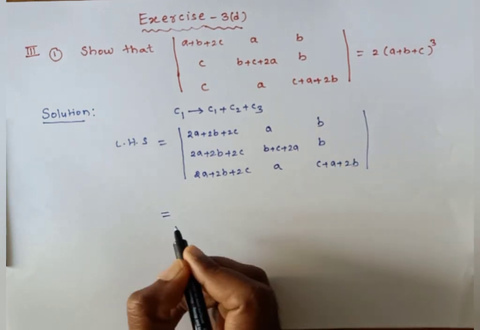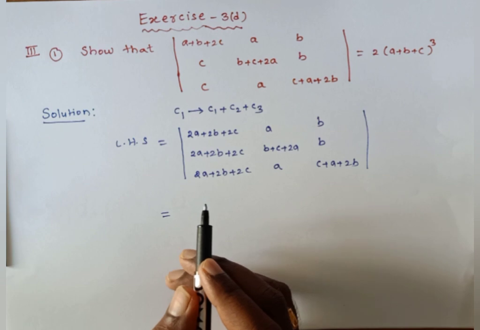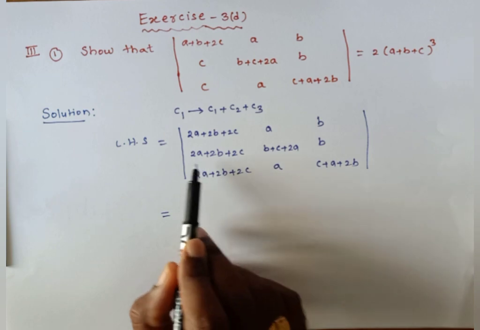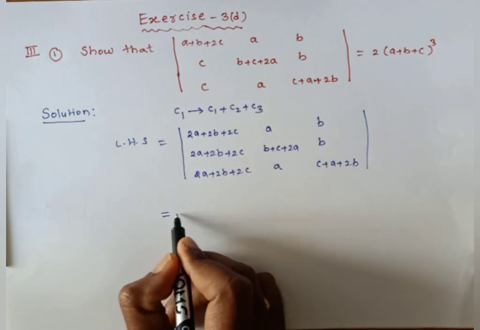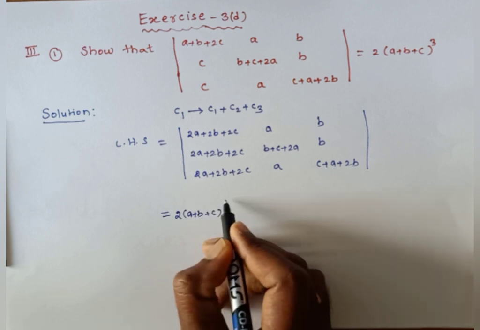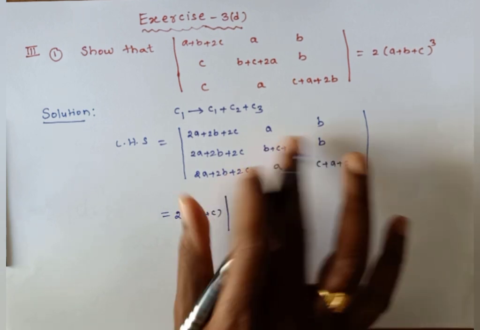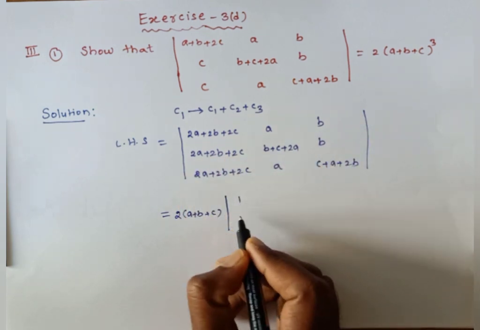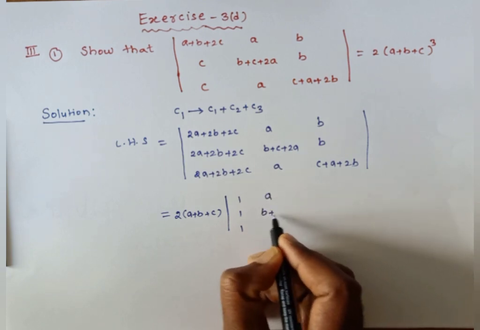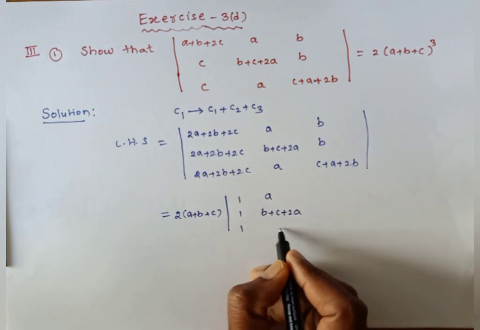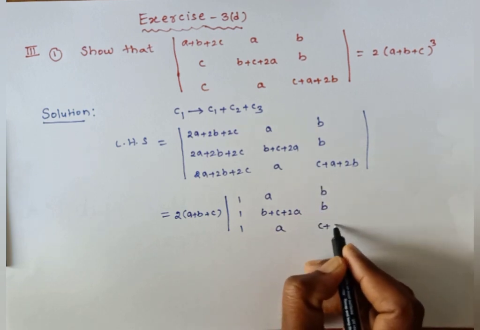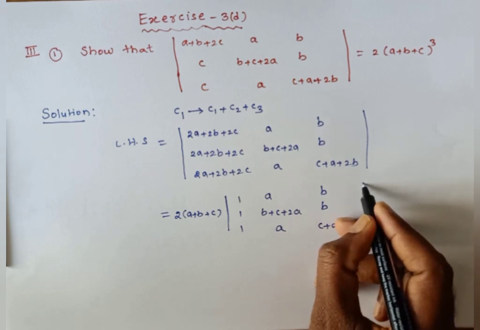Now here you can observe that the entire first column contains the same element 2a plus 2b plus 2c. So 2 times (a plus b plus c) is common from the first column of this determinant. The remaining part is 1, 1, 1, and the second column a, b plus c plus 2a, a, and the third column b, c plus a plus 2b.